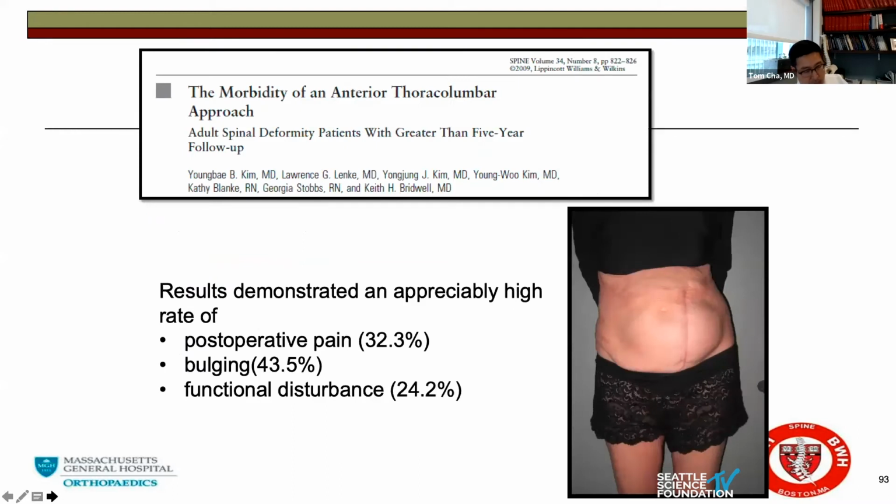One specific procedure approach-related variable in terms of complications is access to the interbody space anteriorly. With an open thoracoabdominal approach, there's really a high level of postoperative pain, abdominal wall bulging, and functional disturbance.